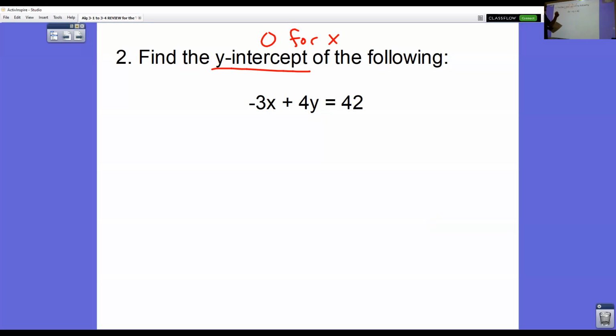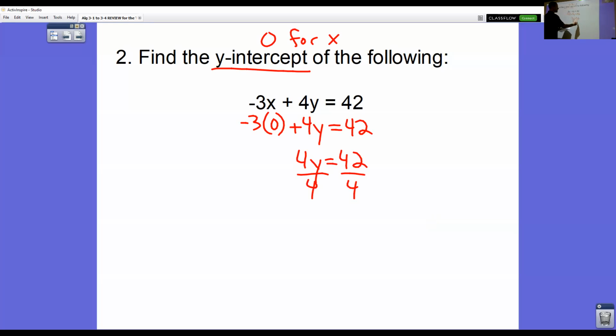So we're going to sub in a 0 right here. So we're going to have negative 3 times 0 plus 4y equals 42. Negative 3 times 0 is just 0, so that disappears. 4y equals 42. Divide by 4, divide by 4, we get y equals 10.5.